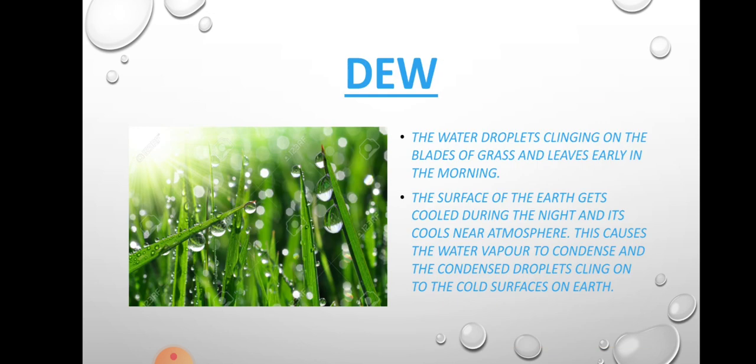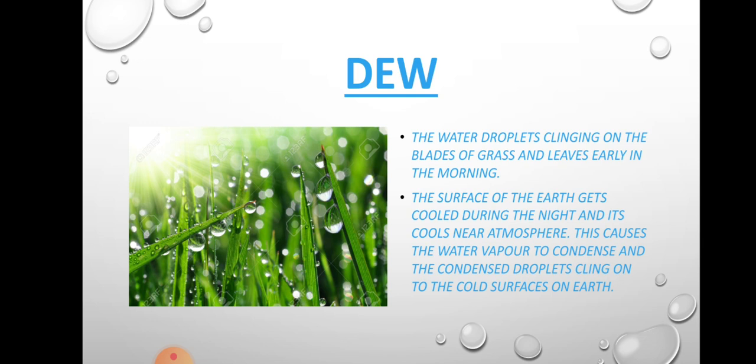Dew. The first one, dew. What is dew? Look at the picture. We can see tiny droplets of water on the tip of the leaves after a cool night. When in the early morning we can see tiny droplets of water on the tip of the leaves, we call these drops of water dew drops.